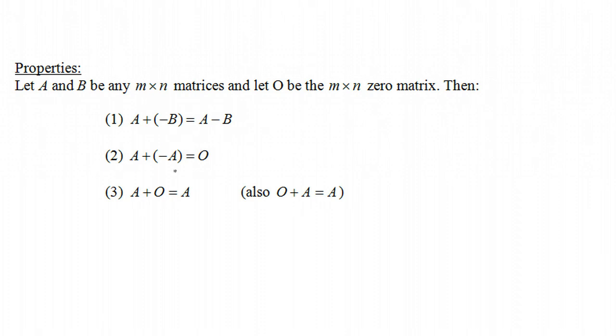Just take any matrix you want, try it, A, and then add to it -A, and you'll see you get the zero matrix. Also, A plus the zero matrix is equal to A. And similarly, the zero matrix plus A is equal to A. So these are some basic properties of negatives of matrices and also the zero matrix.